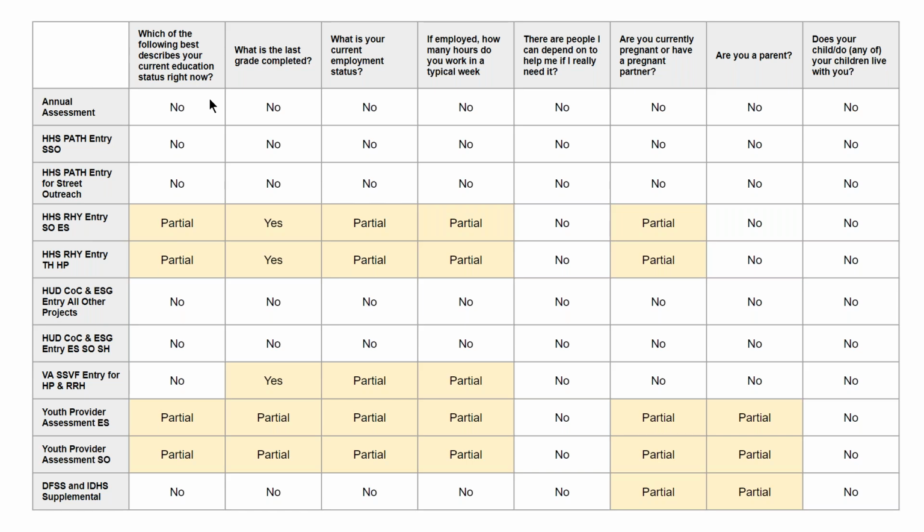The CoC and ESG entry, all of the projects, and then CoC, ESG entry, emergency shelter, street outreach, safe haven assessments. Those are for the 80% of all providers out there that have just basic CoC or ESG funding, either for permanent housing, emergency shelter, transitional housing, service projects, etc. And then we have SSVF, and then the youth providers assessments. And then finally, the DFSS IDHS supplemental.